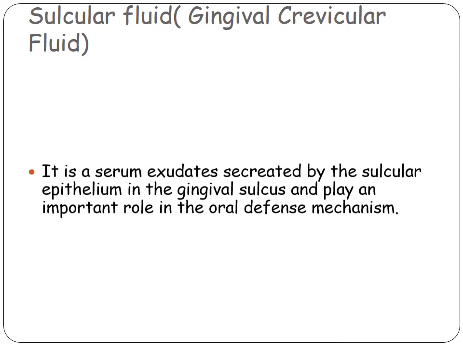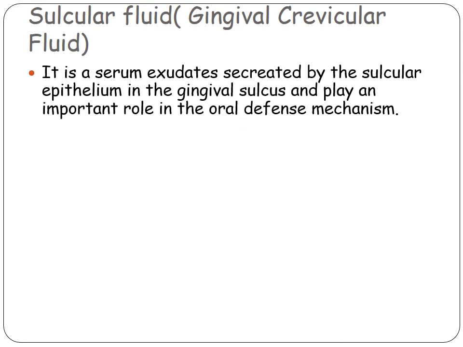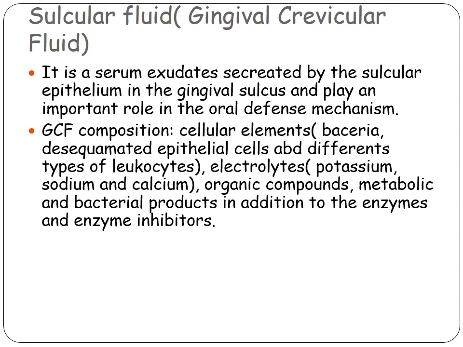The crevicular fluid, or gingival crevicular fluid, present in saliva is a serum exudate secreted by the sulcular epithelium in the gingival sulcus. It plays an important role in the oral defense mechanism. The composition of this fluid contains cellular elements including bacteria, desquamated epithelial cells, and different types of leukocytes.